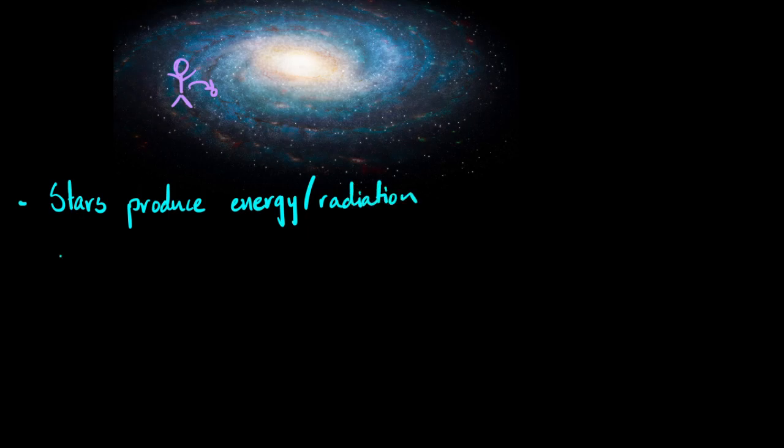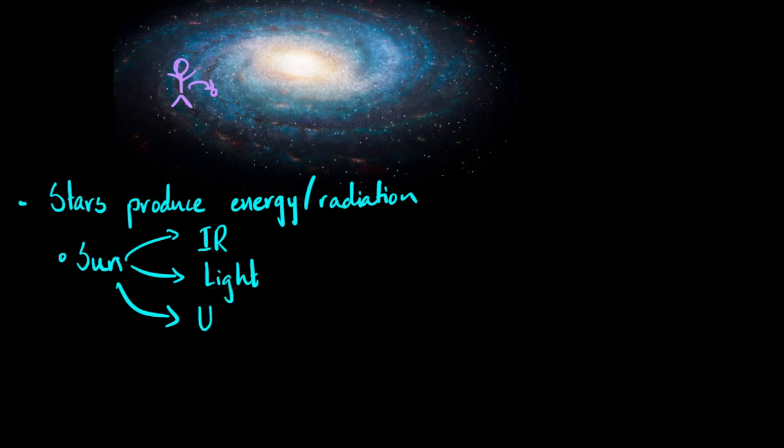For example, the sun actually emits three majority types of radiation. It emits a lot of infrared, which is actually more than 50% of the radiation of the sun. It emits light, which is almost 35 to 40% of its total radiation, and then it also emits some ultraviolet, right?